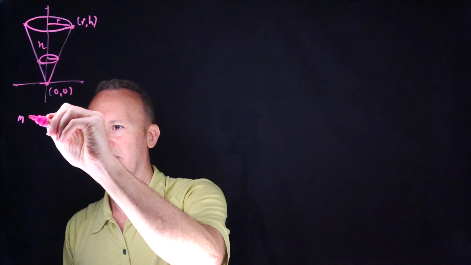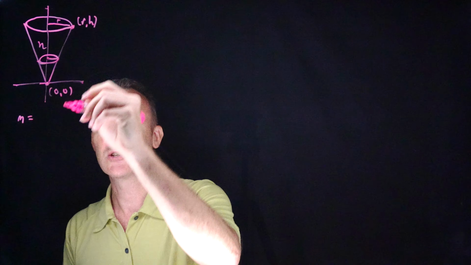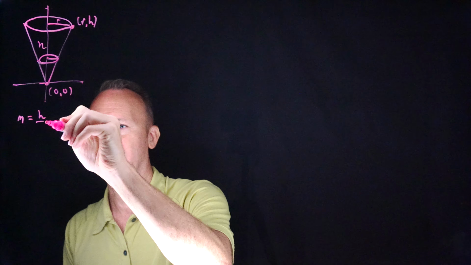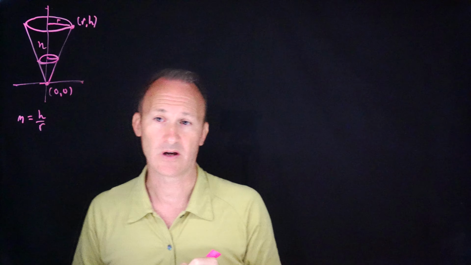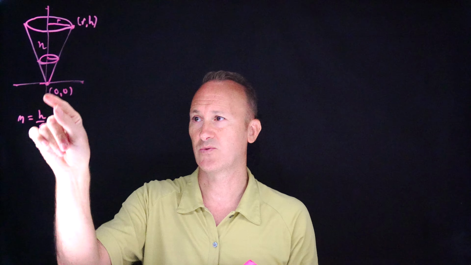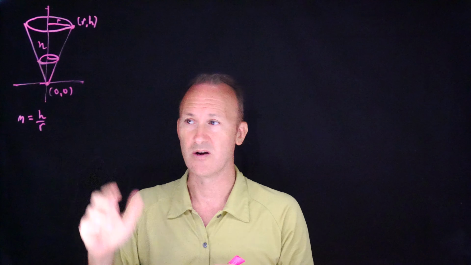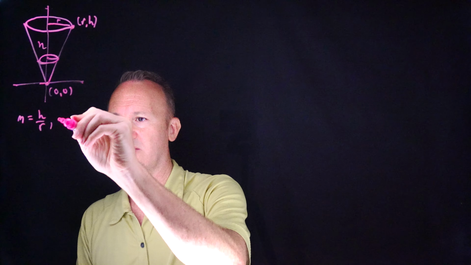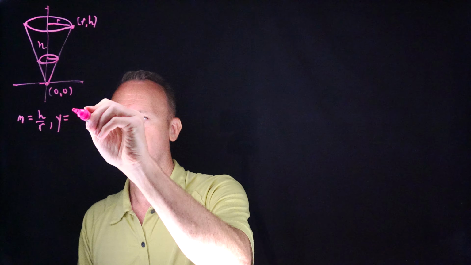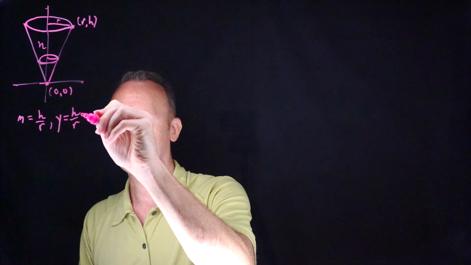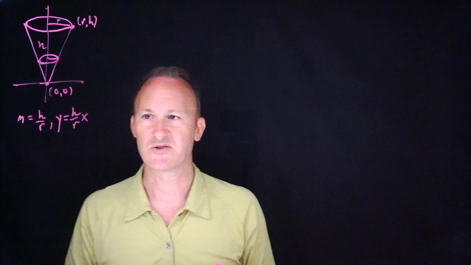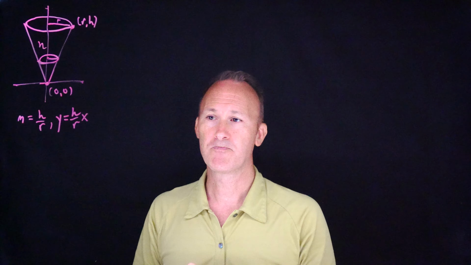The slope is y minus y over x minus x, h minus 0 over r, so it's h over r. The intercept is 0, so y equals mx plus b, y equals (h/r)x, and that's the equation of the line.